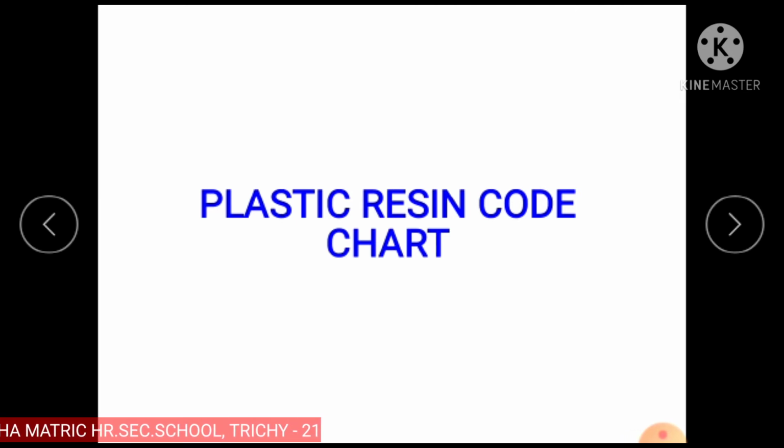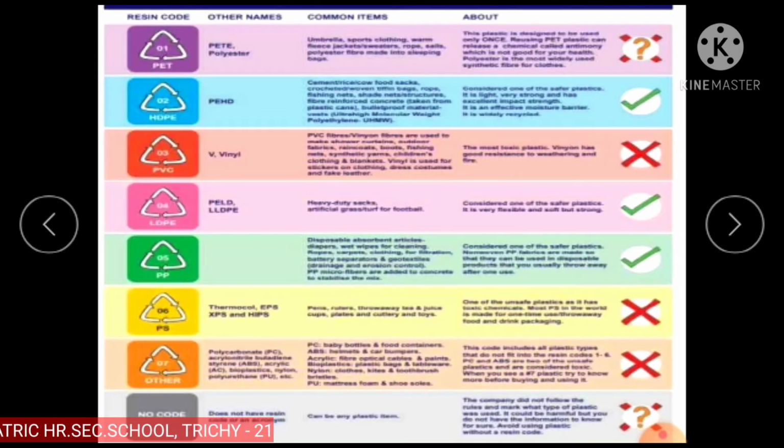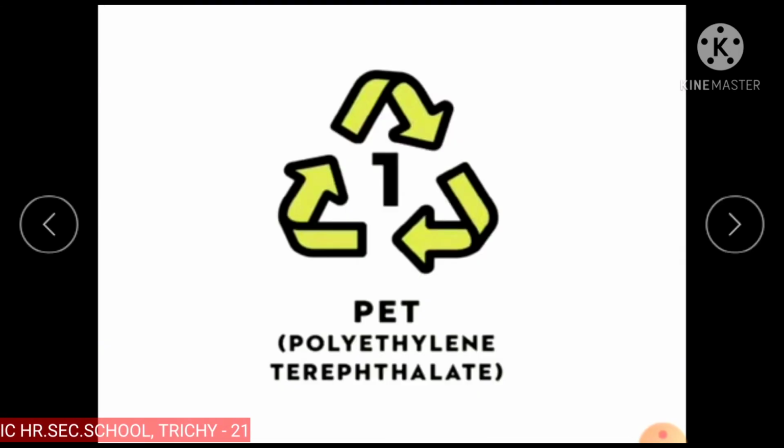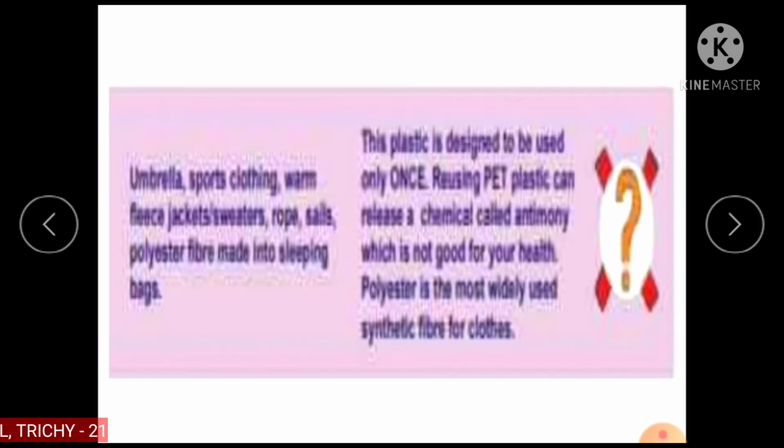Plastic resin code chart. Plastic resin code 1, PET, polyethylene terephthalate. Recycle code number 1. Umbrella, sports clothing, warm fleece jackets, sweaters, robe, sails, polyester fiber made into sleeping bags.